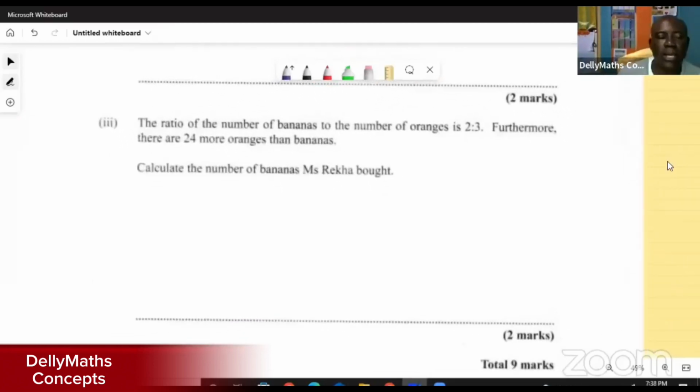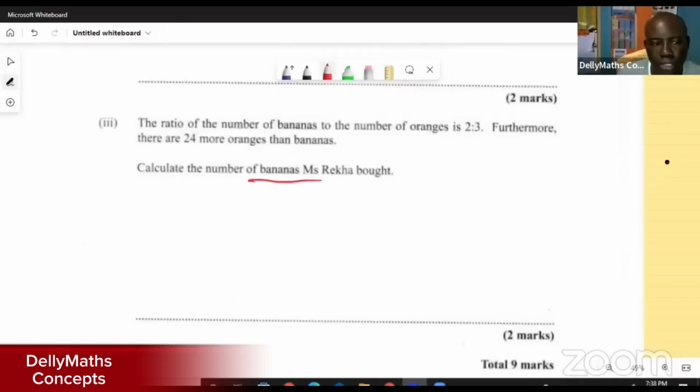All right. Here comes a ratio question. So it says the ratio of the number of bananas to the number of oranges is 2 to 3. Furthermore, there are 24 more oranges than bananas. But I have a very simple approach for this to calculate the number of bananas.